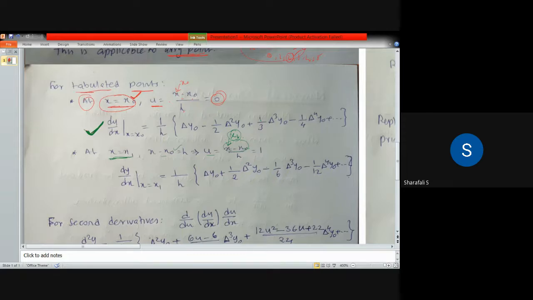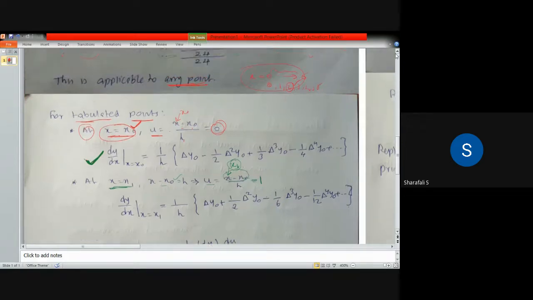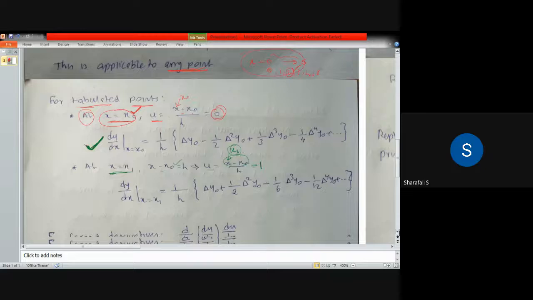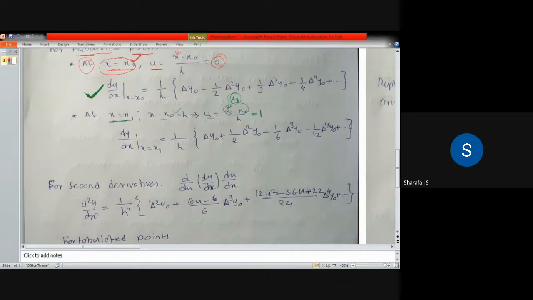That is nothing but your h value. That gives h by h, equal to 1. Now your u will become 1, and if you substitute that in this particular equation, you will get dy by dx for x equal to x1, the tabulated point, like this.